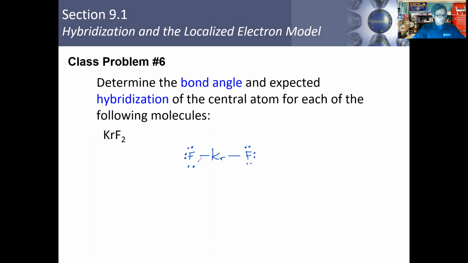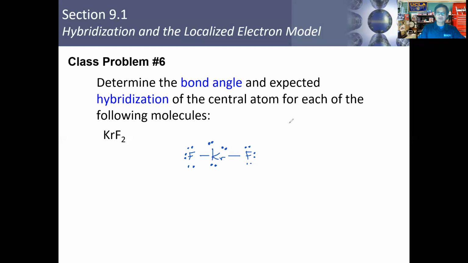That leaves 8 electrons that we have to account for, because each single bond is 1 electron from krypton and 1 electron from fluorine. We still have 8 electrons to account for, and they will be paired up. If you count 1, 2, 3, 4, 5, we have 5 electron domains for krypton.